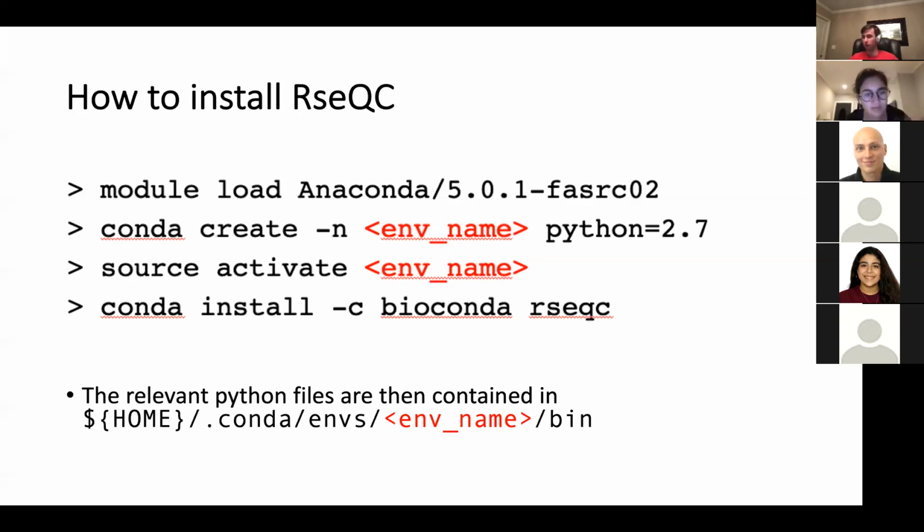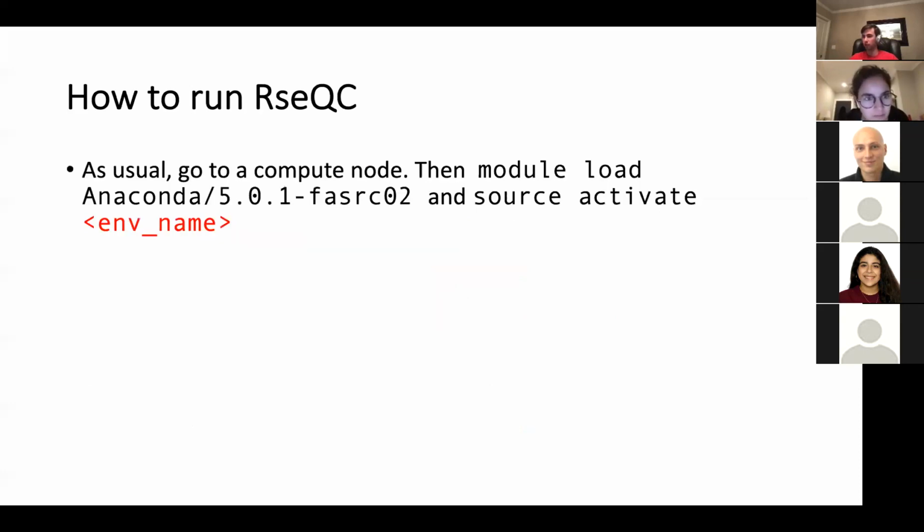I probably have an instruction for that. When we module load again, do we have to specify the 5.01, etc.? Maybe. If you just type module load Anaconda, there's a default version that will load.